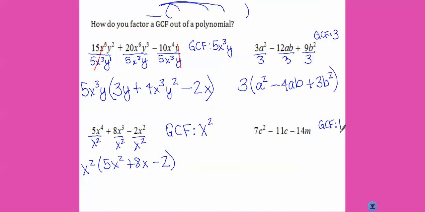In our fourth example, the GCF is just 1, so we don't really have anything to factor out because distributing a 1 wouldn't change anything, so it would all just stay the same.